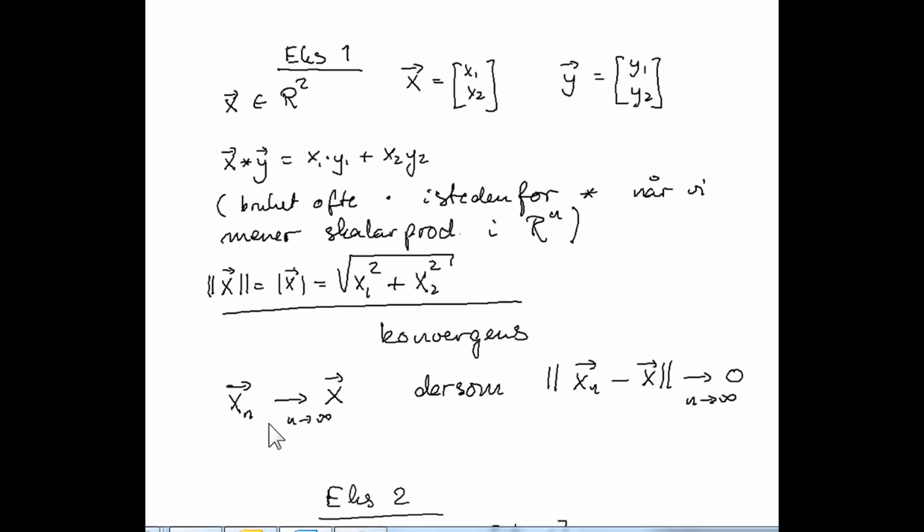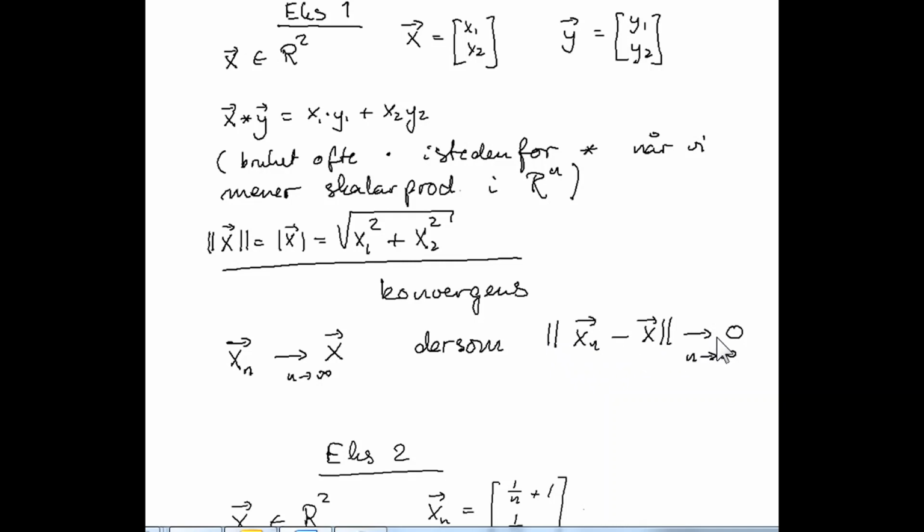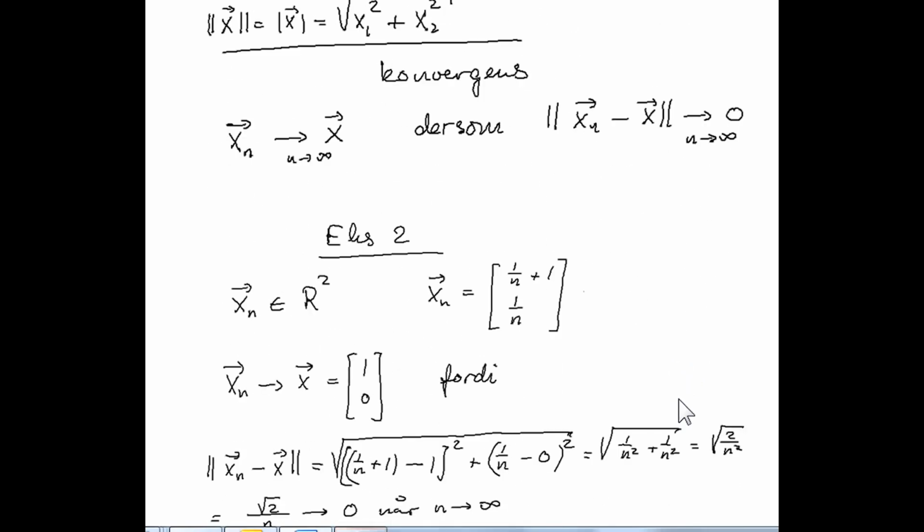Convergence of elements. If xn converges to some vector x when n goes to infinity, then the norm of the difference between xn and x turns to 0 when n goes to infinity. Let us take an example of this.